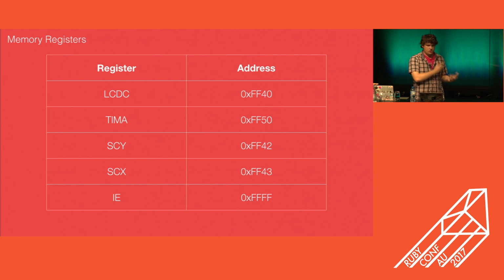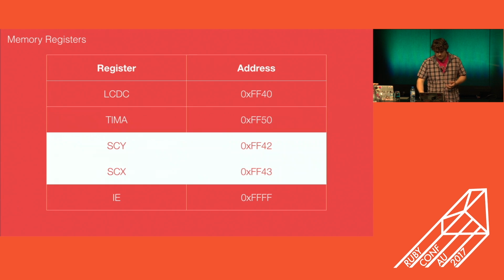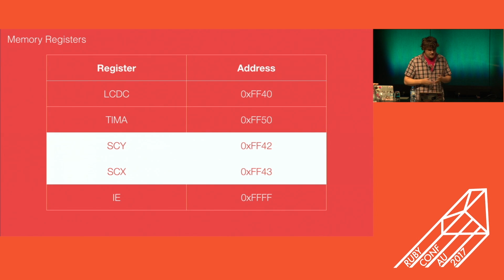You can do things like turning off the screen, enabling background images, and enabling or disabling sprites. You've got the timer, which is the internal clock in the Game Boy. SCY and SCX are the viewports, as you'll see in a few slides, so you can actually control the viewport in the Game Boy. And then enabling interrupts as well.